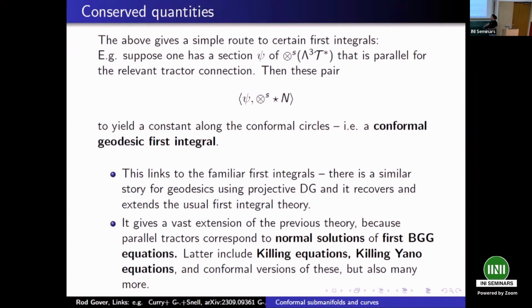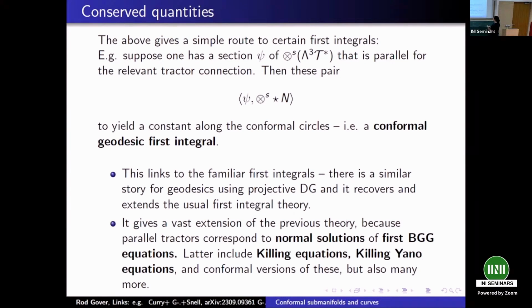So if you have lying around some other tractors, and you can somehow pair them with those 3 indices, or perhaps several copies of that, you may take 3 copies of that and 2 of these tractors, but you can contract it together and make a scalar. And if this is parallel, then the object is going to be constant along the curve. So that's what this is all saying.